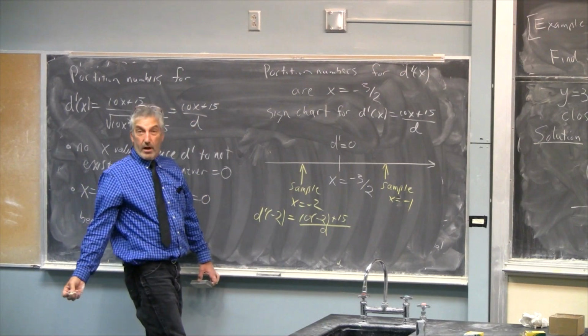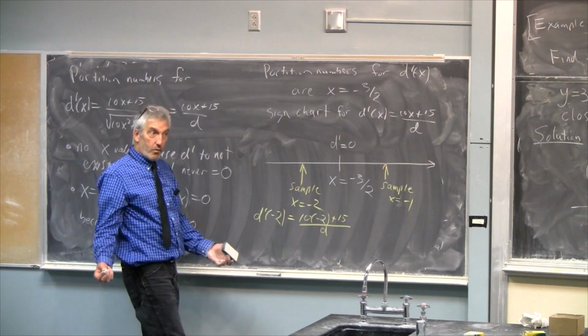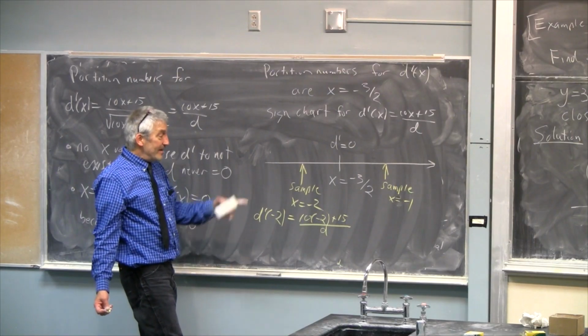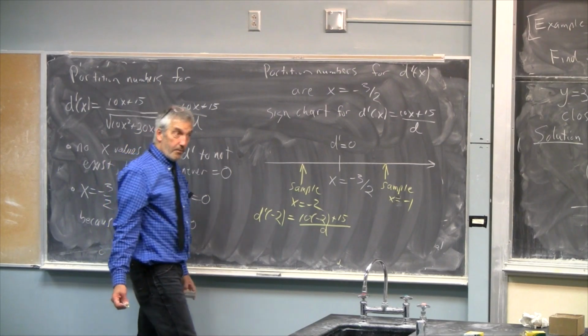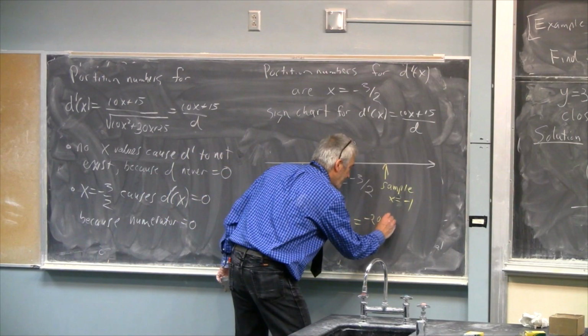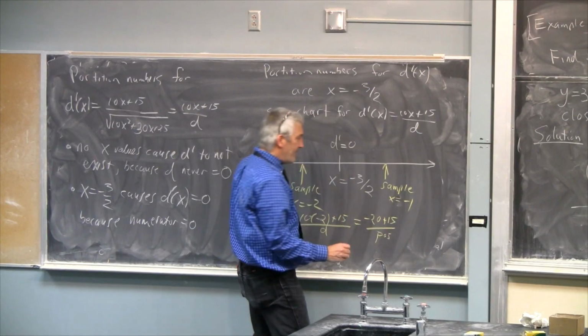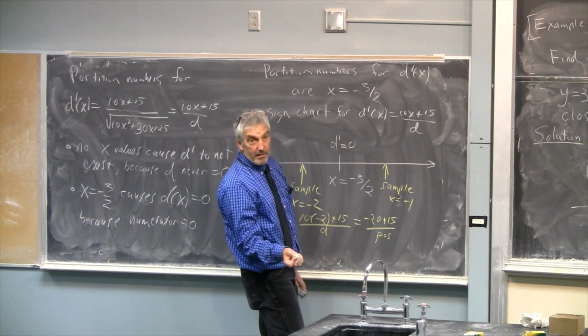Now, all we care about is whether this thing is positive or negative. We've already observed that d is always going to be something positive. So this is going to be -20 plus 15 over something positive. Well, -20 plus 15, that's something negative.